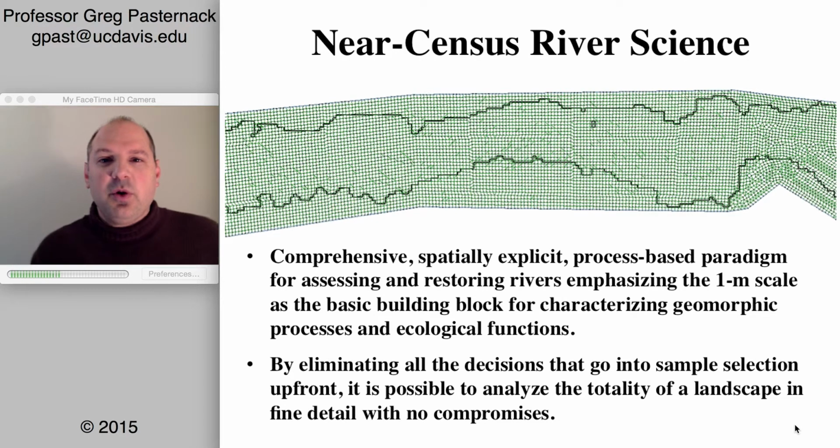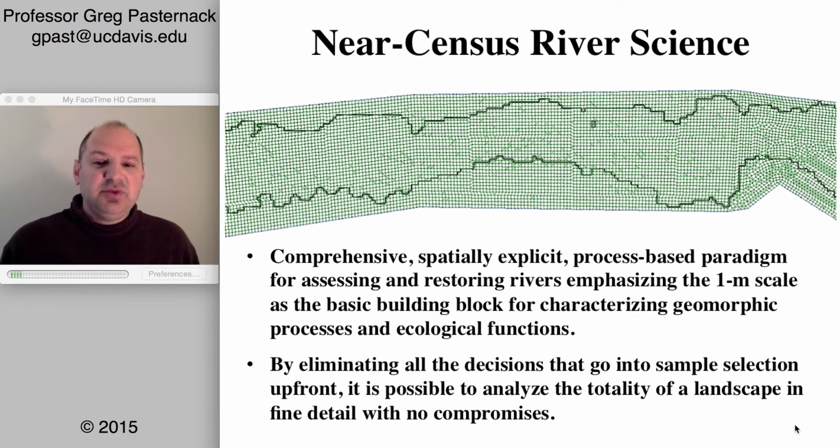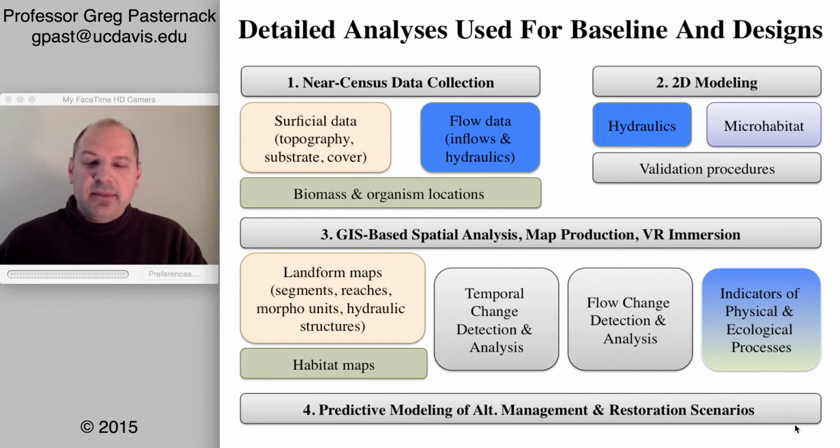To do this requires something that I call near census river science. It's the idea of treating a river as a complete population, looking at a spatially discrete census, essentially, of what is out on the river, and then bringing that data into very detailed models and experiments of how the river works. I mean, this just shows the wide range of things you can do.